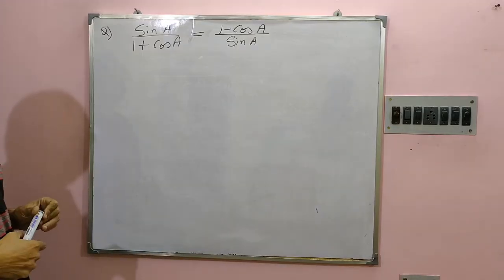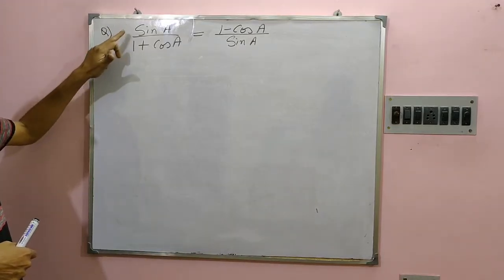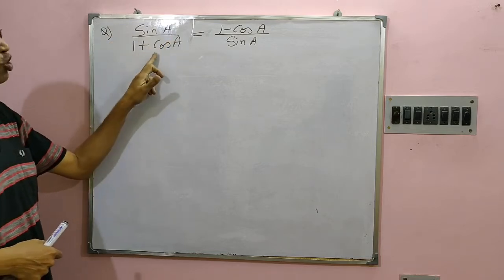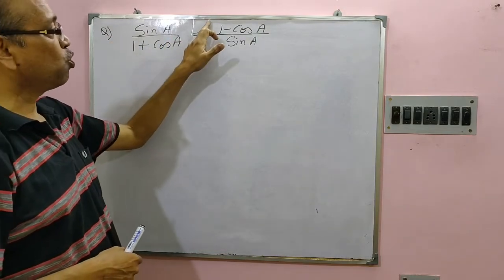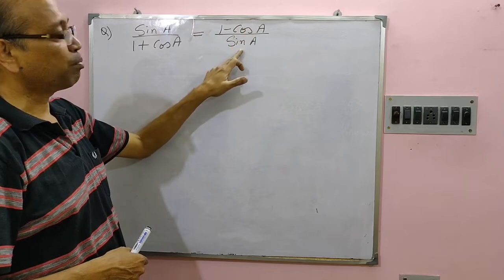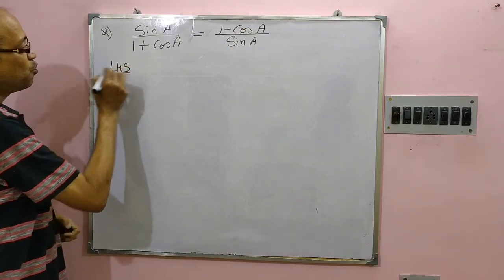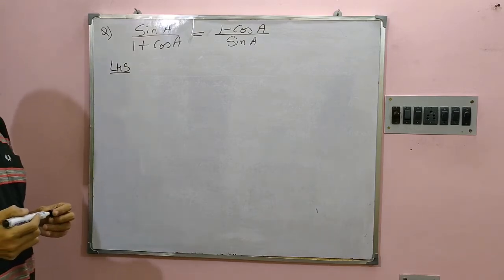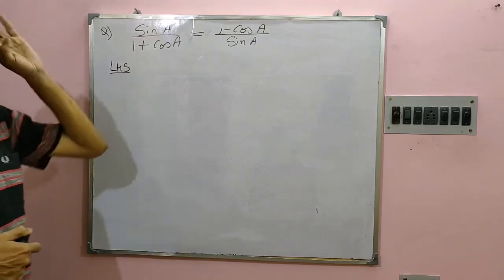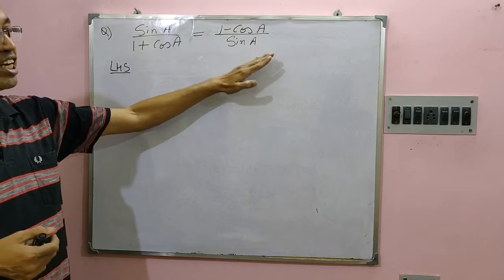The next numerical, sin A by 1 plus cos A is equals to 1 minus cos A by sin A. Left hand side. See, when we solve these identities, we always have to keep the right hand side in mind.